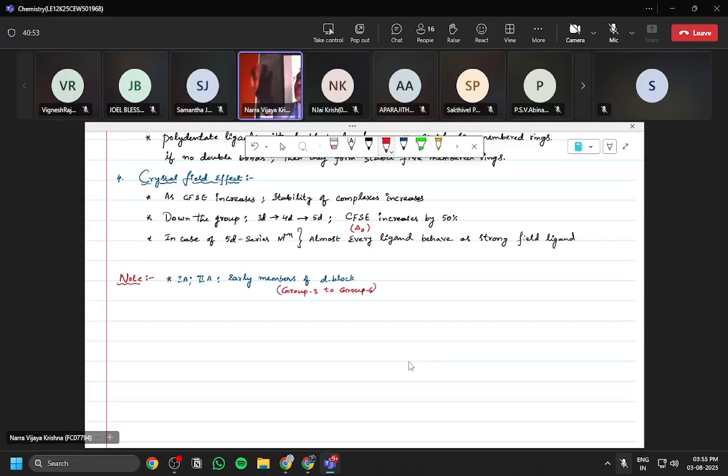Scandium, titanium, vanadium, chromium, maybe up to manganese also, right? Can I say them as more electropositive metals?